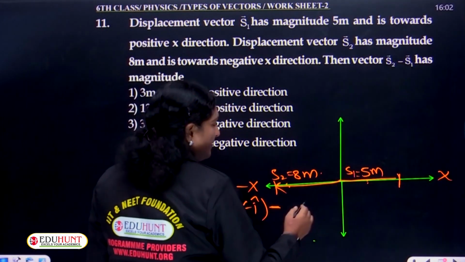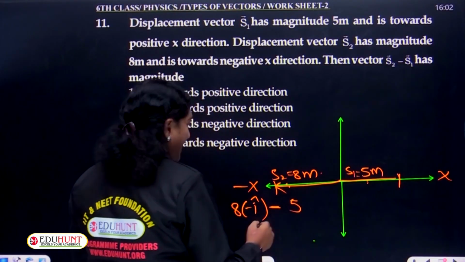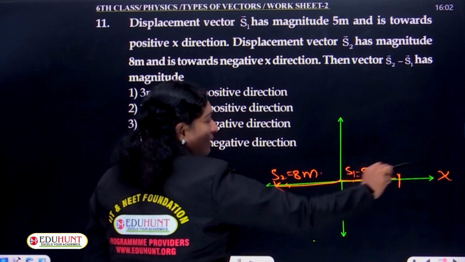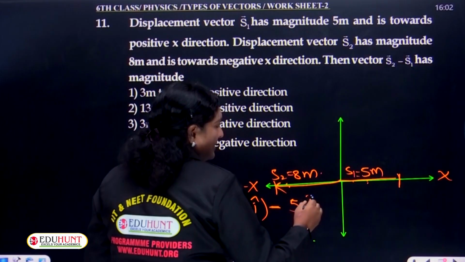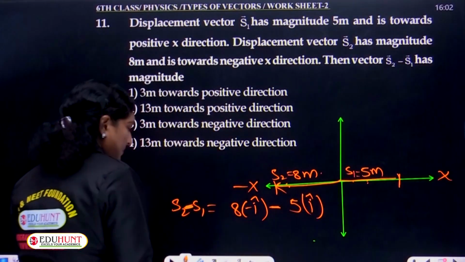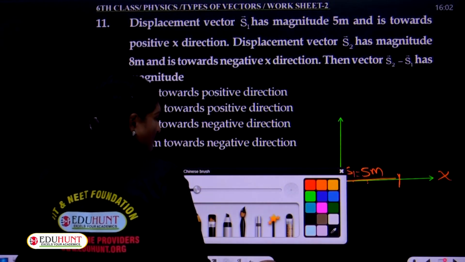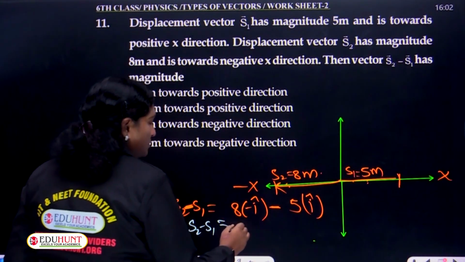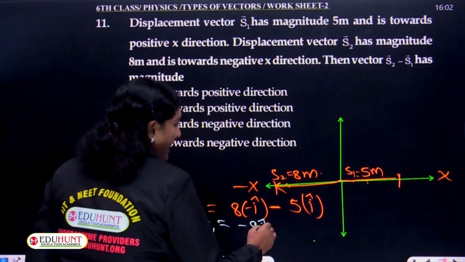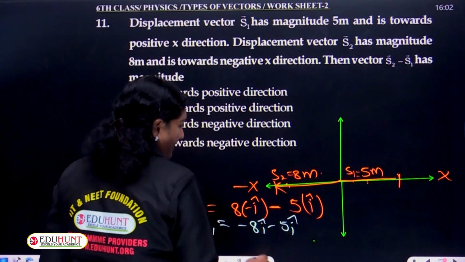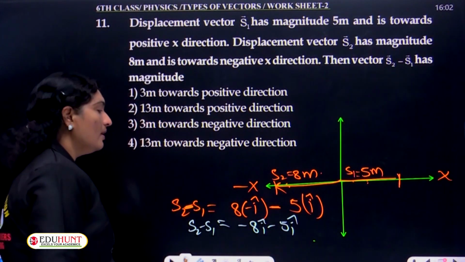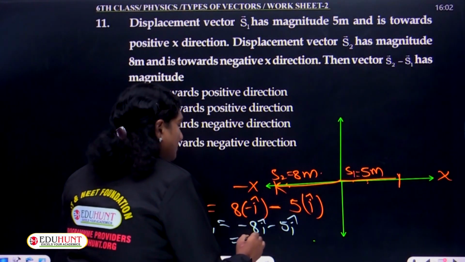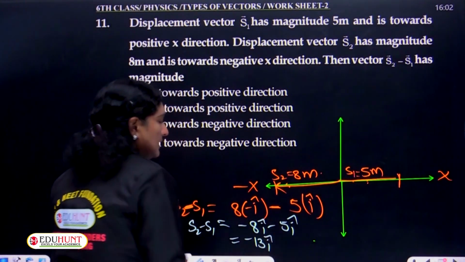S1, what is the value of S1, children? 5 meters. Magnitude is 5, lying along positive x-axis indicated with the letter I cap. So finally, S2 minus S1 equals minus 8 I cap minus 5 I cap. So how much is the final value? This is found to be minus 13 I cap.